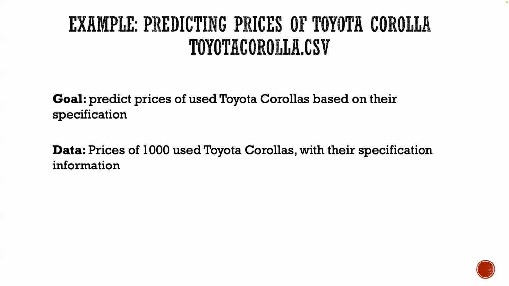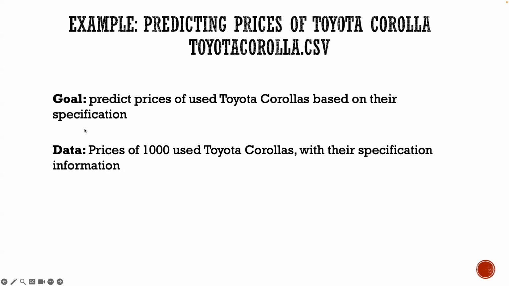So here, again, going back to the data that we have used earlier, the used car sales, the Toyota Corolla CSV file. We are predicting the price of used Toyota Corollas based on their specifications.